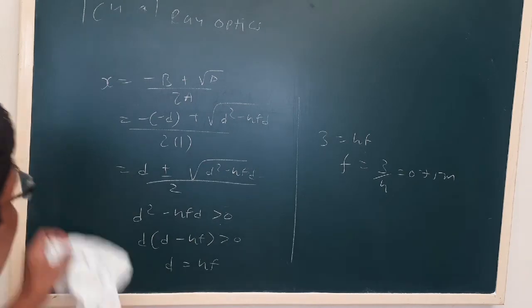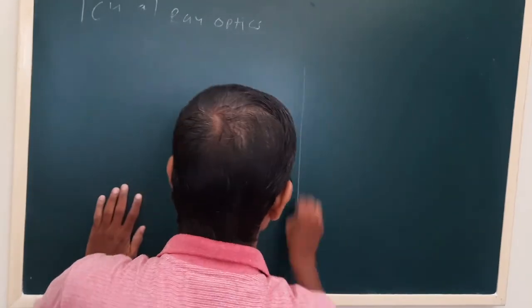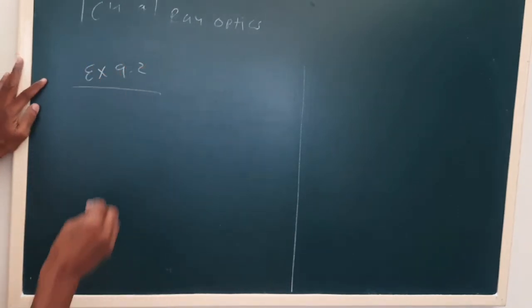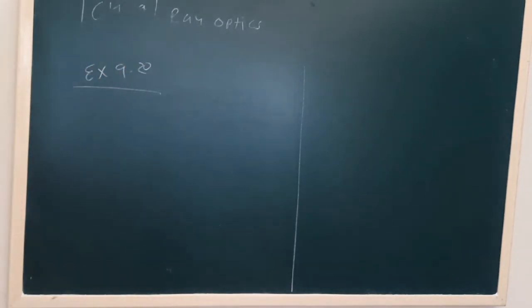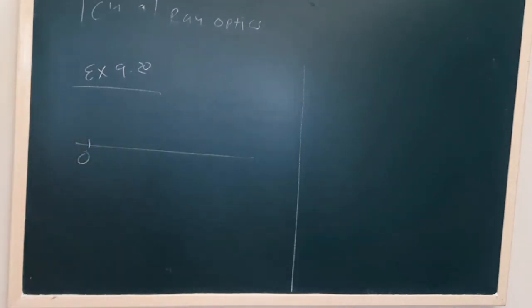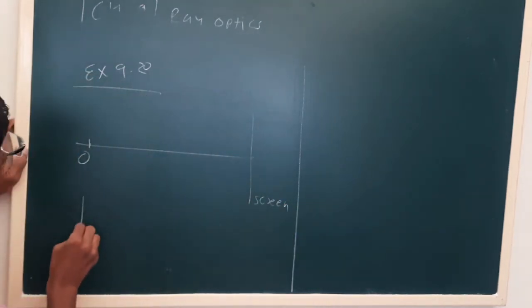Now next is exercise sum number 9.20. Now this one is interesting. Now see, let us say the object is placed, okay, and the screen is at 90 centimeter.